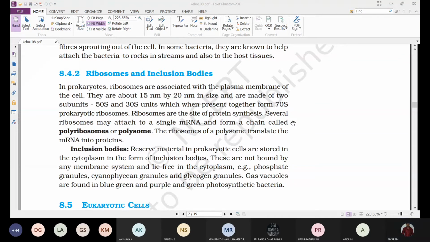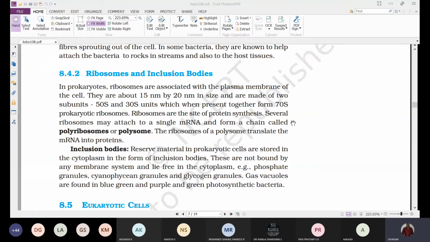Next, ribosomes may attach to a single mRNA. Among the different types of RNA, there is mRNA, the messenger RNA. This RNA is produced from DNA by a process called transcription, the synthesis of RNA from DNA. During this process, the genetic information present on the DNA is copied onto the RNA.